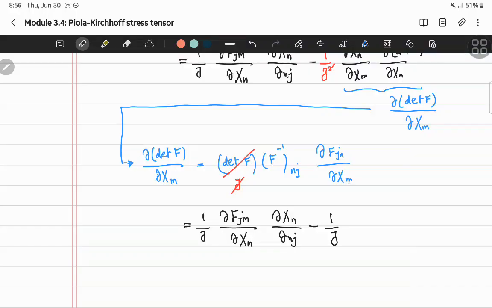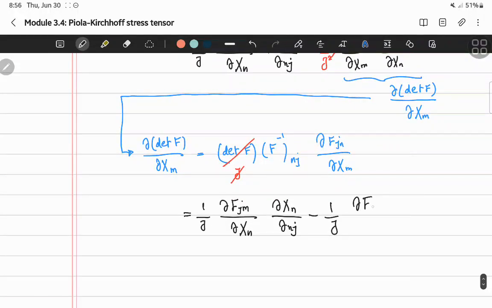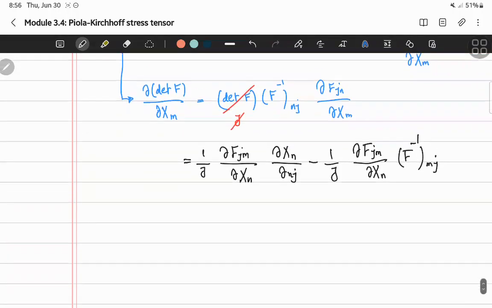Here we have xm, so I swap n and m, so it's fjm, partial derivative of xn, and so we swap m and n, so this is going to be f inverse of, let's say, mj.